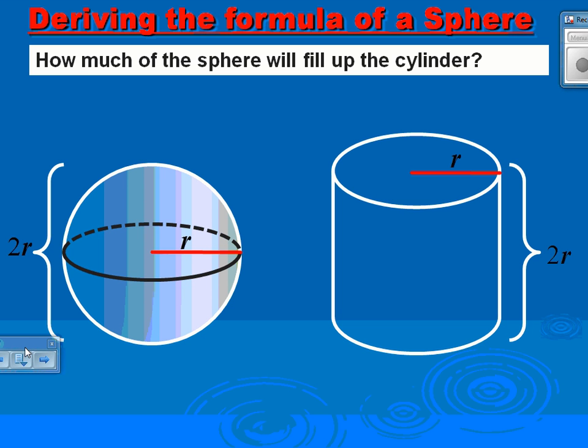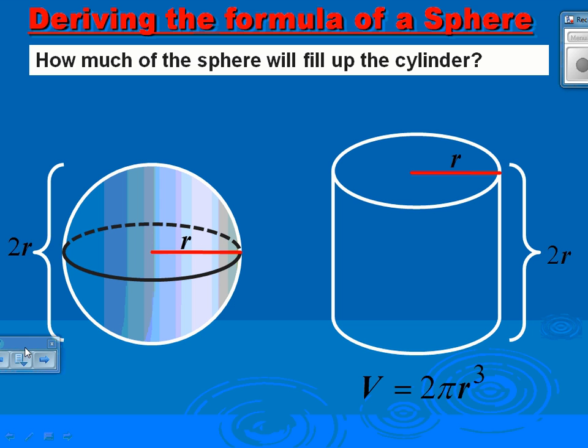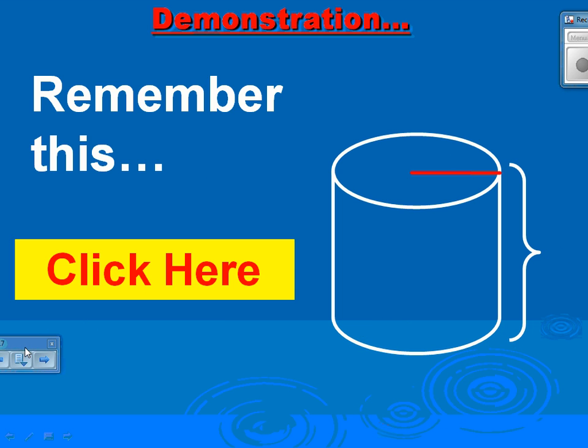The cylinder also has a radius of r and it has a height of 2r. How much of that sphere will fill up that cylinder? Let's figure that out right now. Oh, and just to let you guys know, what is the volume of that cylinder? 2 pi r cubed. That's very, very important. Okay, here we go.